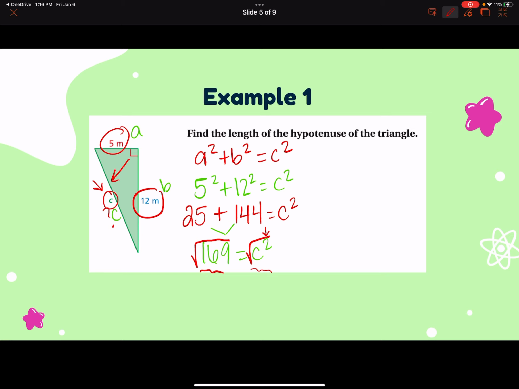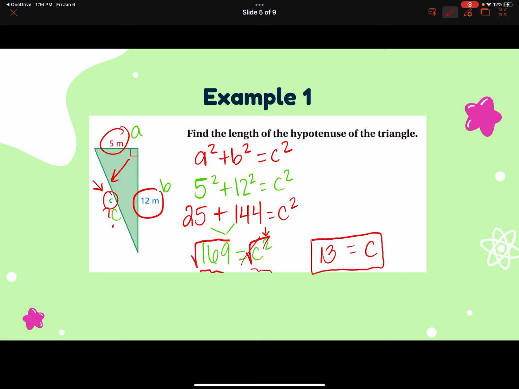The square root of c squared is just c. These cancel here. And then the square root of 169, again, you can use your calculator or you can use your note card. And it is 13. So there is my answer.